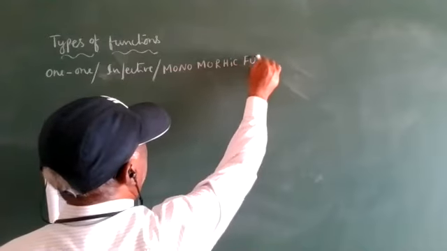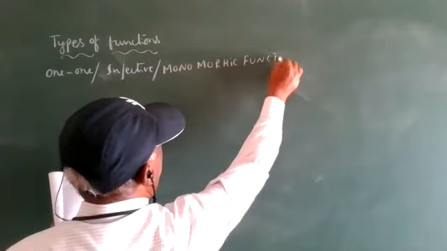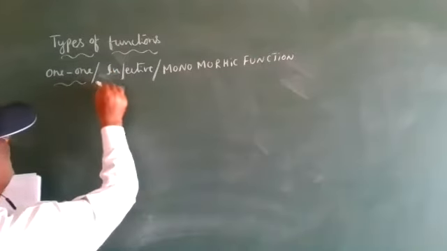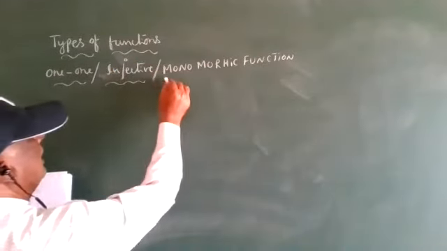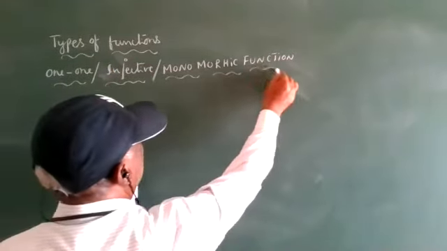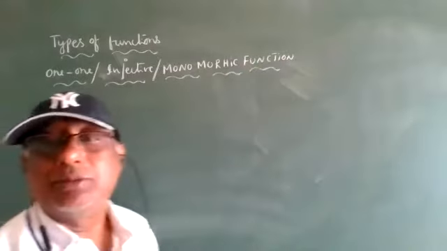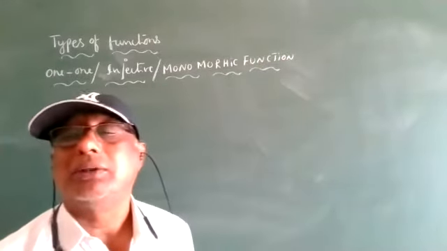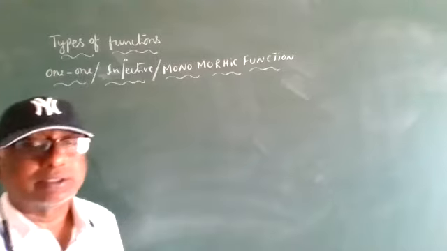So these are the three names we have for one-one function: one-one function, injective function, or monomorphic function. Okay? We have three names for one-one function.